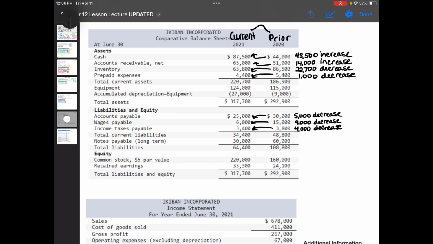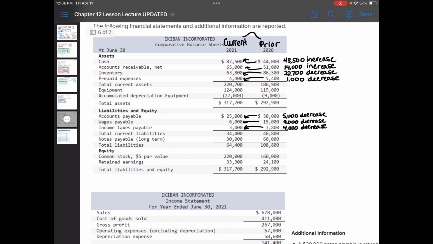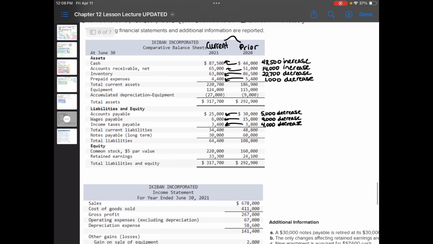Now, before I move on and go to that statement, I would like to go through the rest of the accounts on the balance sheet. Every account on this balance sheet, I'm going to be able to go through to see the difference, to figure out what it was that happened, what activity happened there. So, for example, equipment. I can see that equipment went from 115,000 to 124,000 this year.